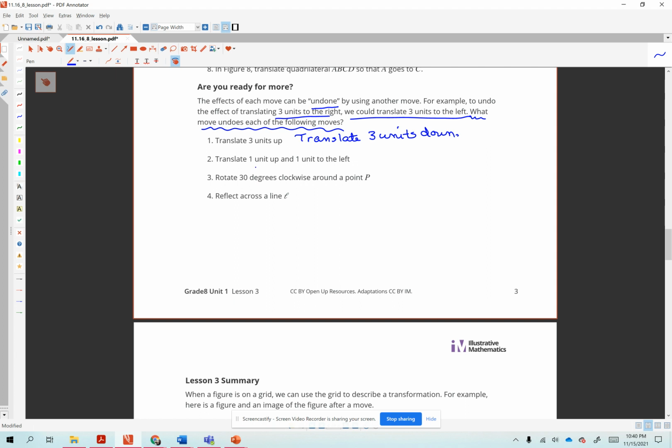To undo translating 1 unit up and 1 unit to the left, you would translate 1 unit down and 1 unit to the right.